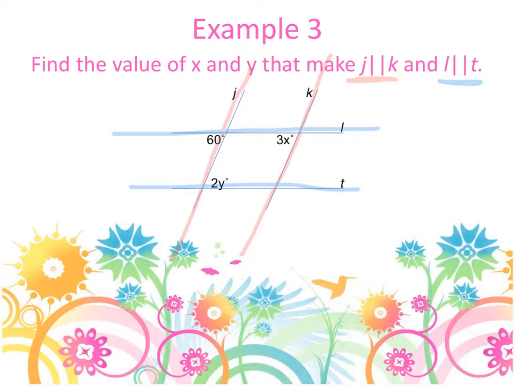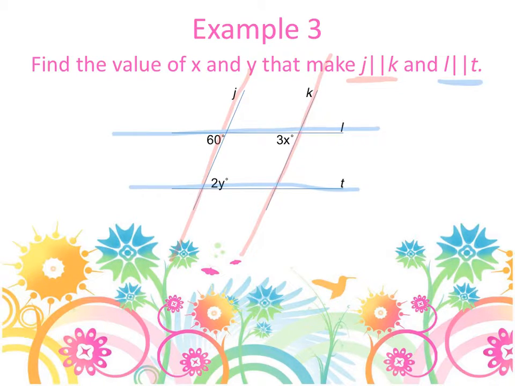Well, first you need to find the measure of the actual angle. So, you know that 60 and 2y are both, what do they call it? The opposite side. Yeah, alternate interior angles.